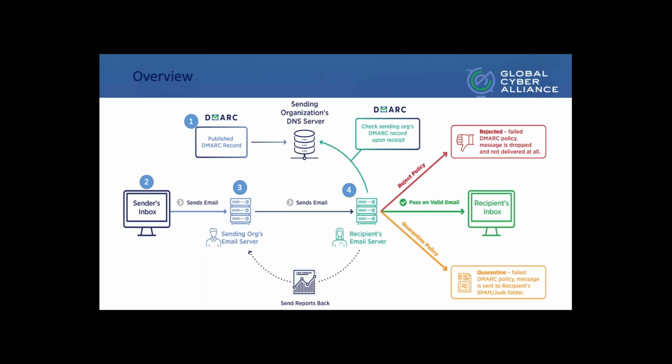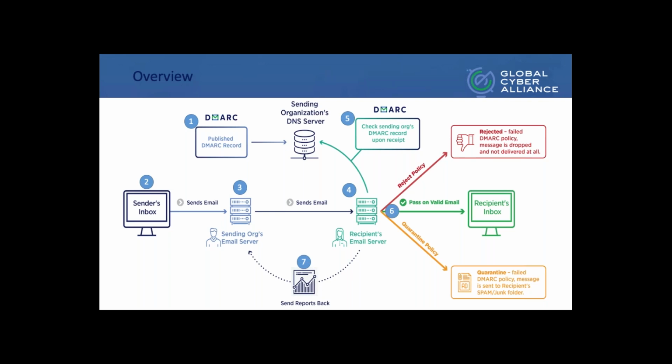If SPF is working and DKIM is not, that's still going to pass DMARC. Or vice versa. If DKIM is working and SPF is not, it's still going to pass because one of the two has to pass. But DKIM verification and alignment have to pass, or SPF verification and alignment have to pass. So those are the things you have to take into account.